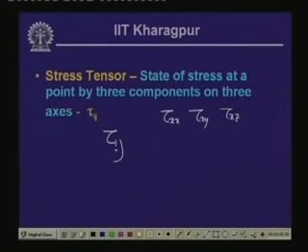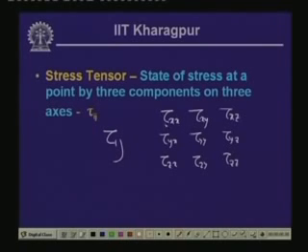When i is the y plane, we will have 3 components in x, y and z direction. So, we have tau y x, tau y y, tau y z. Likewise, when i is the z plane, we have tau z x, tau z y and tau z z.